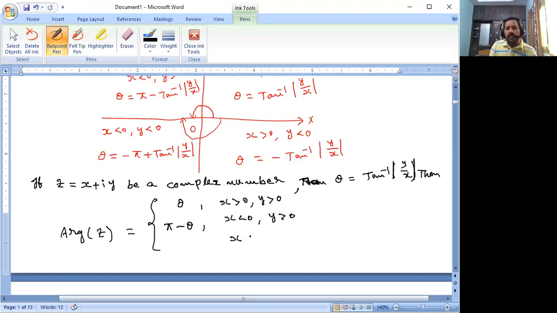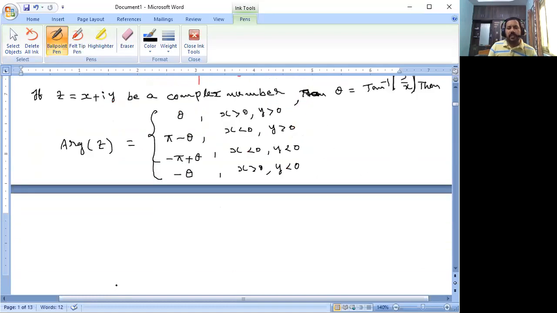If x less than 0, y also less than 0, then the argument of z is minus pi plus theta. If x greater than 0, y less than 0, that means the complex number lies in the fourth quadrant. What is the angle? Minus theta. Remember it.